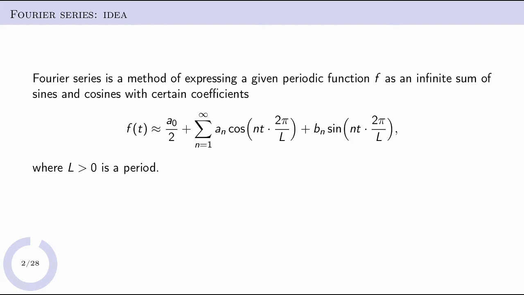To be more precise, let f be a periodic function, and then a Fourier series is a functional series given in the following way. It's a sum of an times cosine plus bn times sine, where the arguments of sine and cosine are scaled in such a way to be coherent with the period of f.